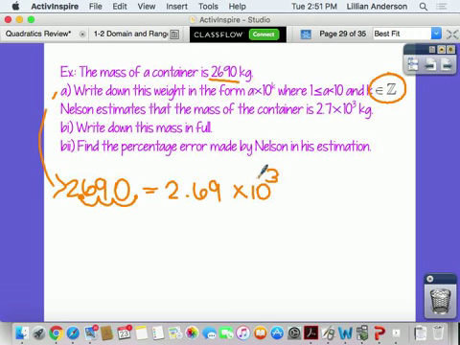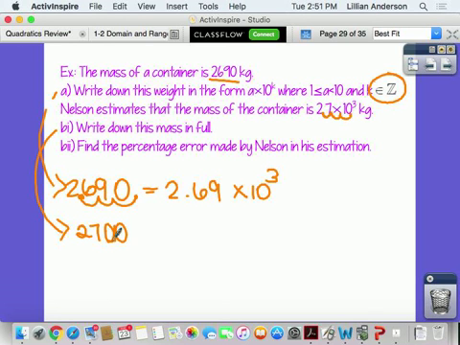Now it says Nelson estimates that the mass of the container is 2.7 times 10 to the third. Write this mass down in full. So what is that number in full? 2,700? Very good, because you're taking this decimal and moving it to the right, 1, 2, 3. So you got to fill in zeros for those spots. So there's your answer for B I.